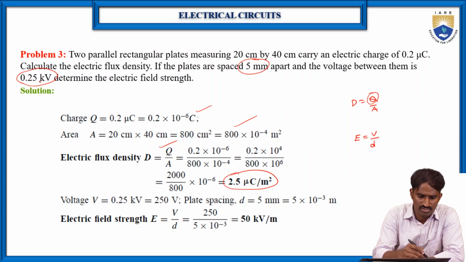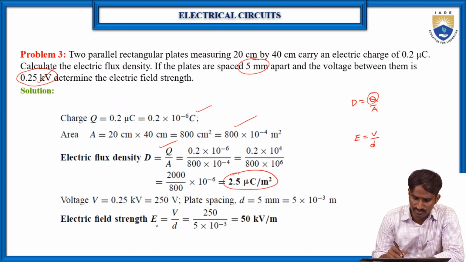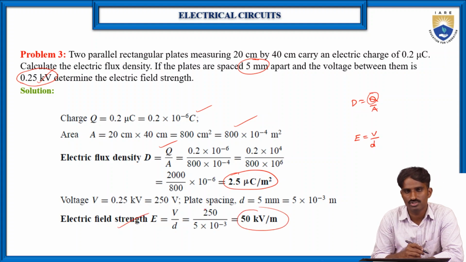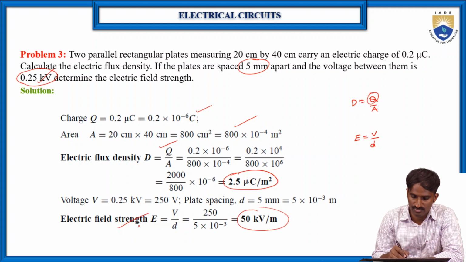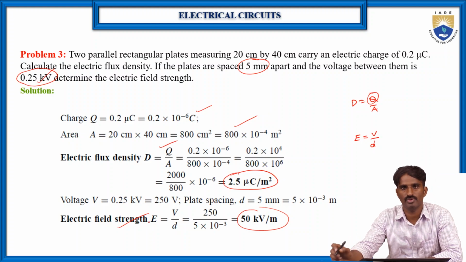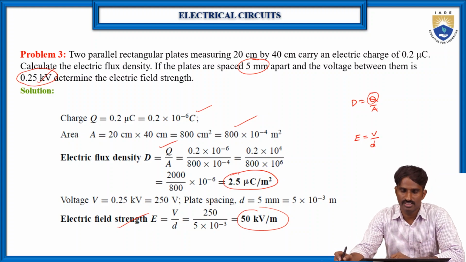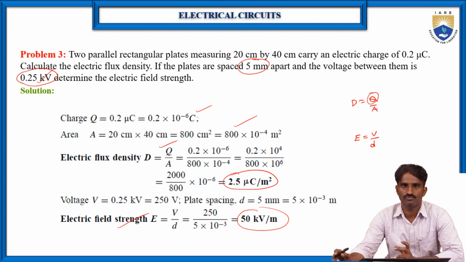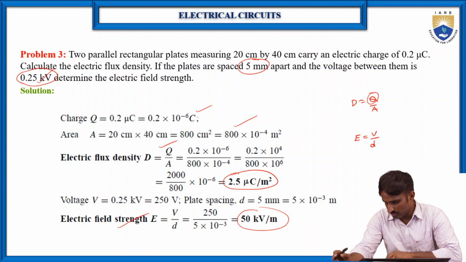So you just convert this 0.25 kilovolts into volts, which means here 250 volts, and here the 5 mm into meters, so 5 into 10 to the power of minus 3 meters. So the electric field strength E is equal to 50 kilovolts per meter, because the unit for this particular electric field strength is volt per meter, because here V by D, V we measure in volts and D we measure in meters.